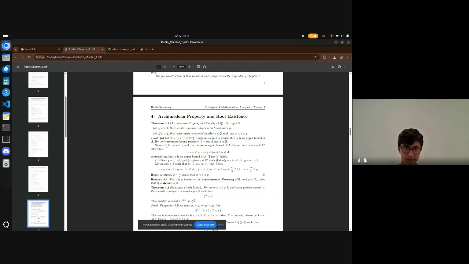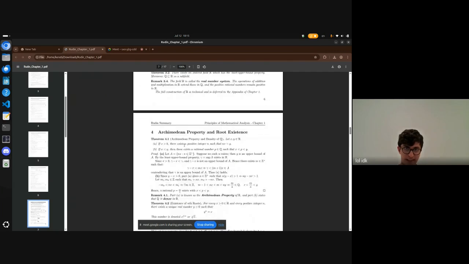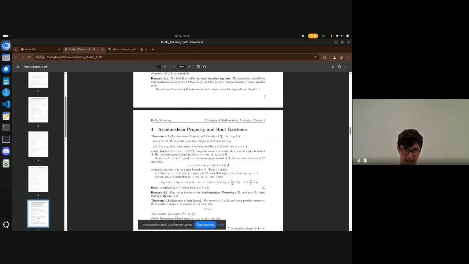Since x is greater than 0, y minus x is less than y, because you're basically subtracting on this side but not on this side, and if you look back at the axioms, this yields that this is less than this, and y minus x is not an upper bound of a.